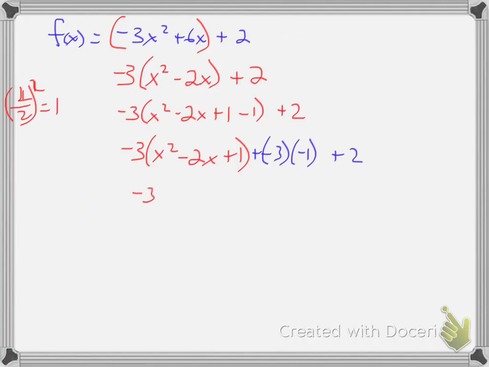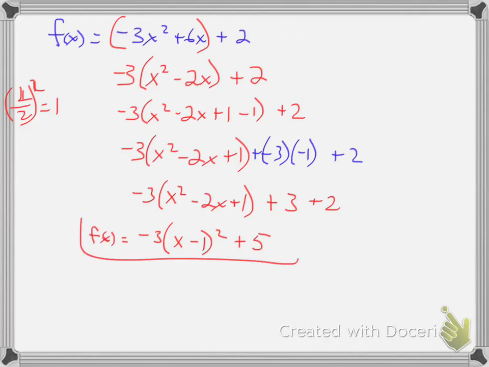So I have negative 3 times x squared minus 2x plus 1. This becomes plus 3 plus 2. Now I can simplify. This factors into x minus 1 squared, plus 5. And that's my vertex form.